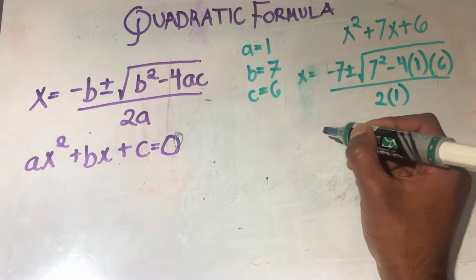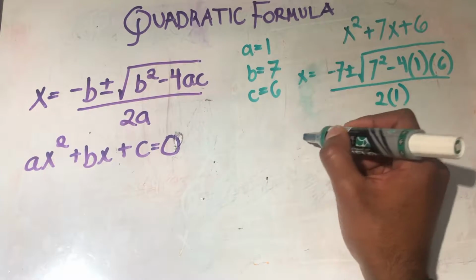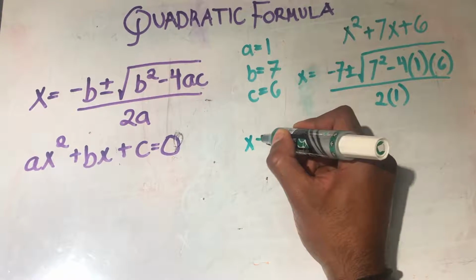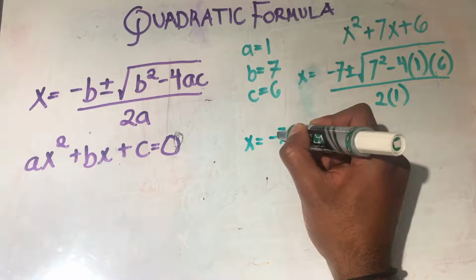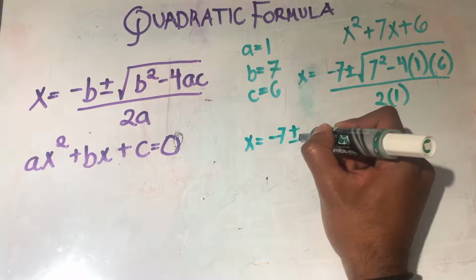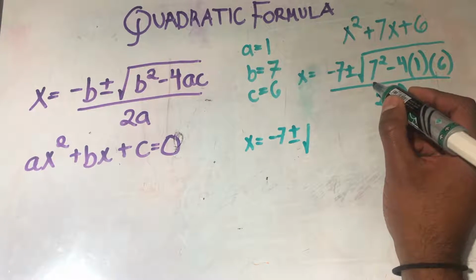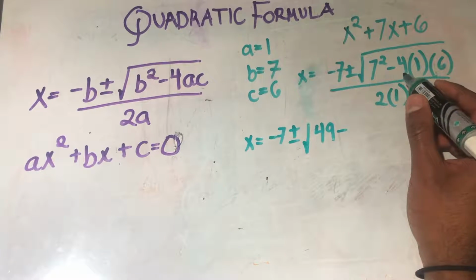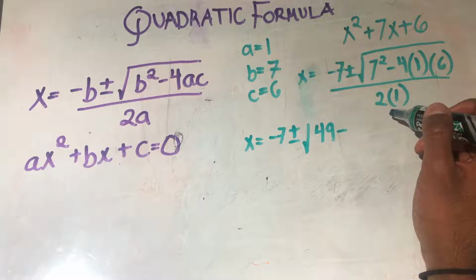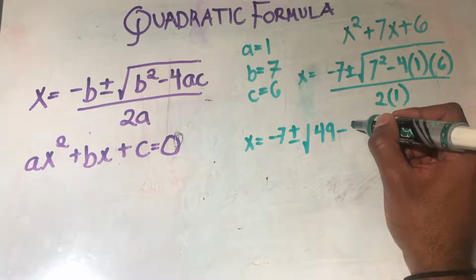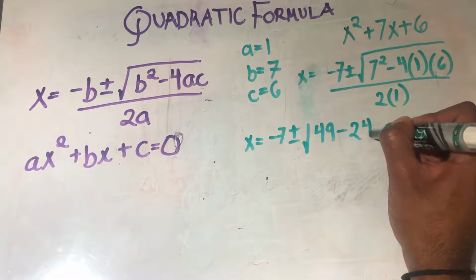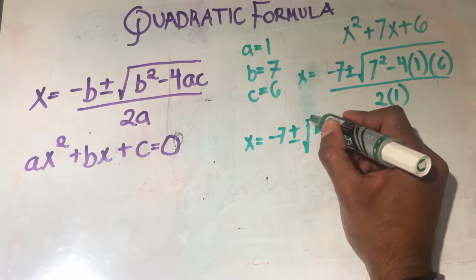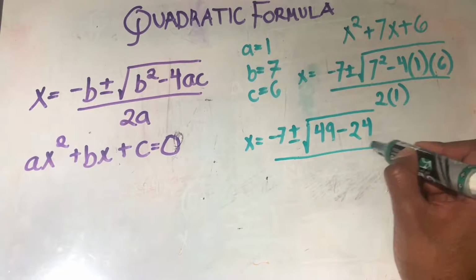Now all we gotta do is just simplify it. We have x is equal to negative 7 plus or minus, 7 squared is going to give you 49, and then 4 times 1 times 6 is going to give you 24, and all this over 2.